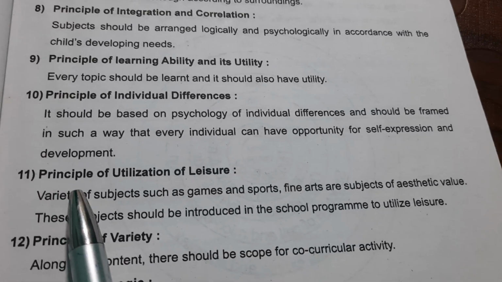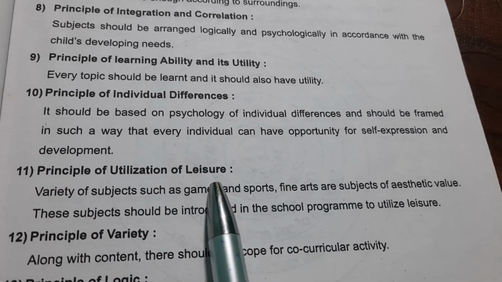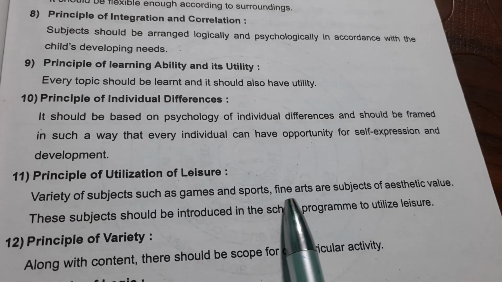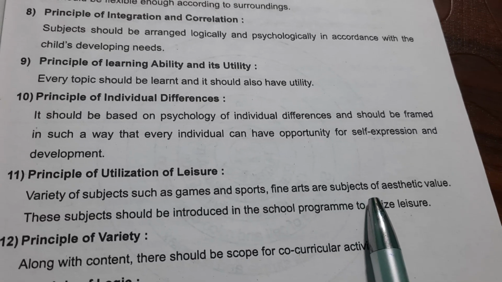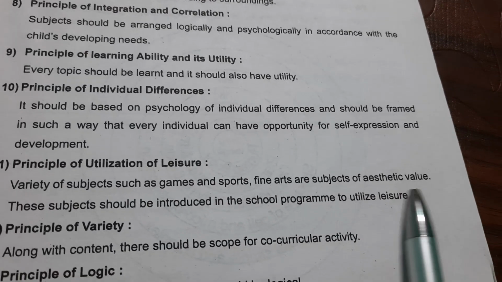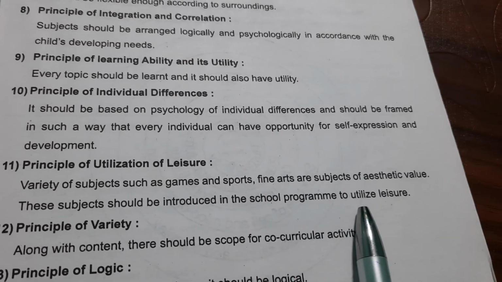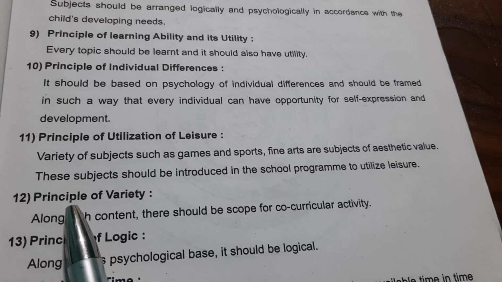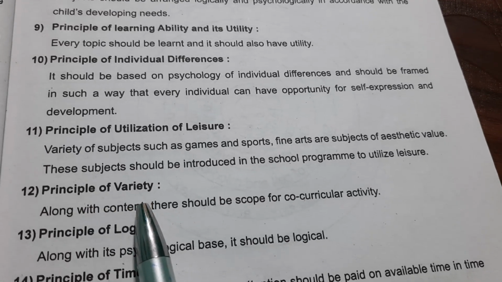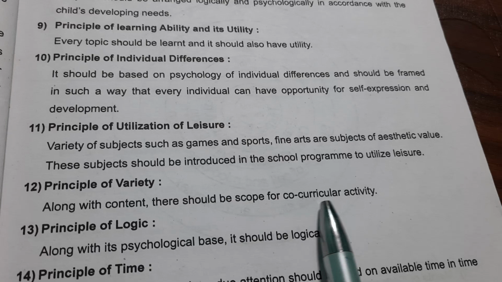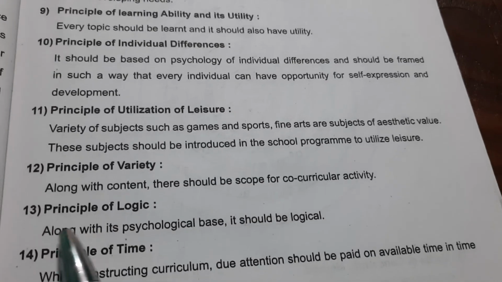Next we have the principle of utilization of leisure. A variety of subjects such as games and sports and fine arts are subjects of enthusiastic value. These subjects should be introduced in the school program to utilize leisure. Next we have the principle of variety. Along with content, there should be scope for co-curricular activity.